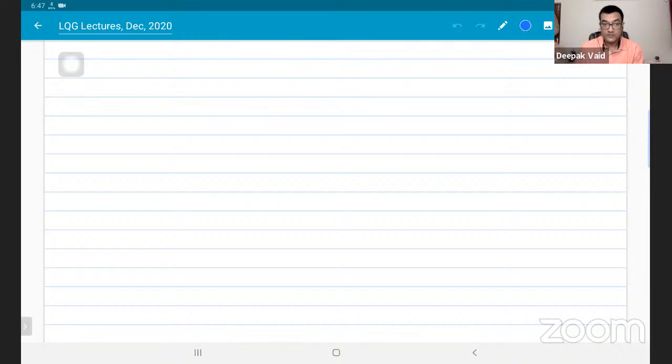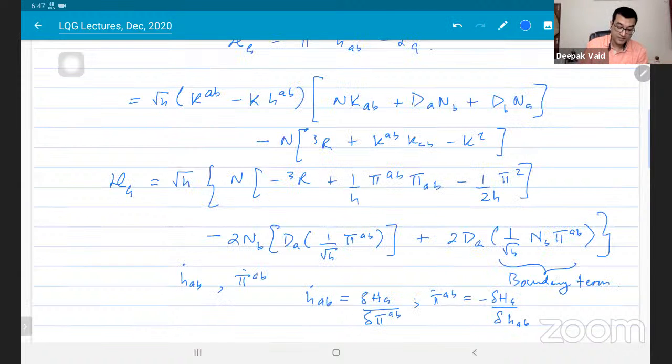Well, you start off with some initial time slice, and you specify the metric of that hypersurface, and you specify the momentum of that hypersurface in terms of its extrinsic curvature and so on.